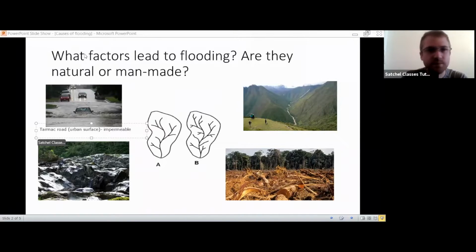If we look over to the other side, we can see steep terrain, so mountains. Any rain that falls in this area will rush down that terrain into that river, which is right at the bottom.